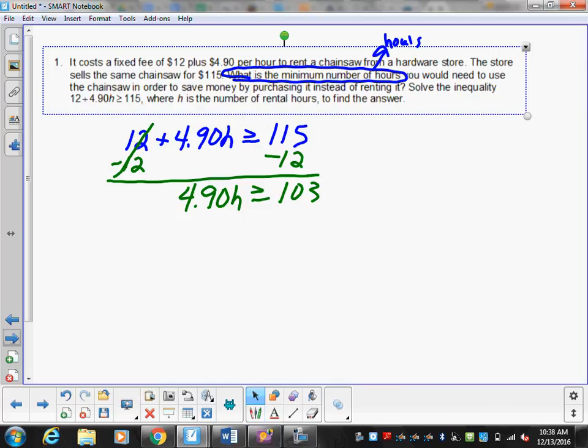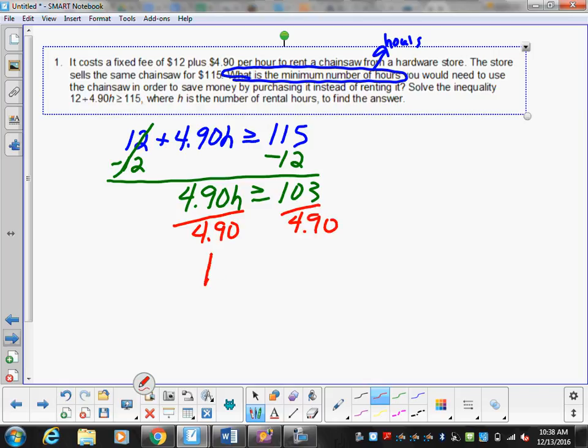Next step to get h by itself is to divide by the 4.90. So h has to be greater than or equal to 103 divided by 4.90, which is 21.02040816. And no, you do not have to write that whole number out.